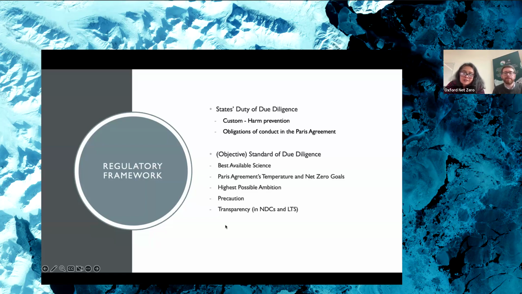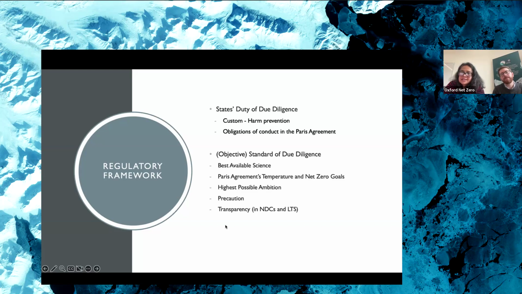All of this is also underpinned by the principle of precaution, or the precautionary approach, as some characterize it, which is in Article 3 of the Framework Convention on Climate Change. It's also attached to the obligations of due diligence in the customary international law context of harm prevention.